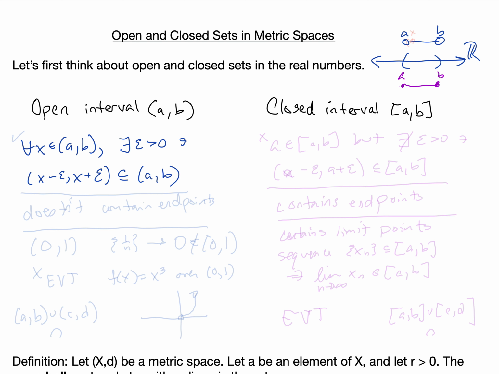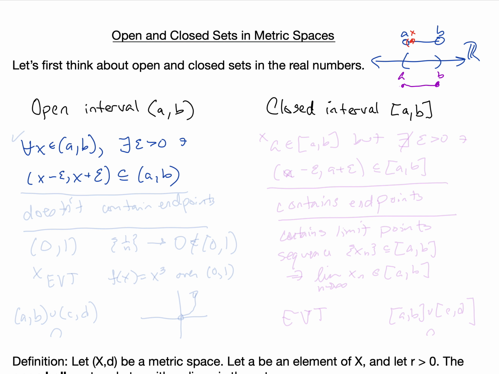If we pick any x in here, no matter how close to an endpoint it is, there's going to be some tiny open interval around x that is still a subset of the open interval AB.